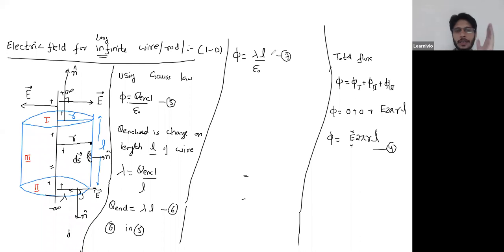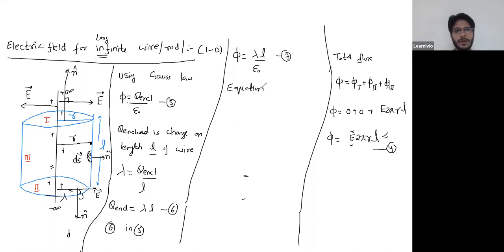Next, you can compare 7th and 4th. In equations 4 and 7, we are calculating the same flux, but the approaches are different. In 4th, we calculated flux using the definition of flux through the field. But in 7th, we are calculating flux using Gauss law. In both equations, we are calculating the same flux through the cylinder.